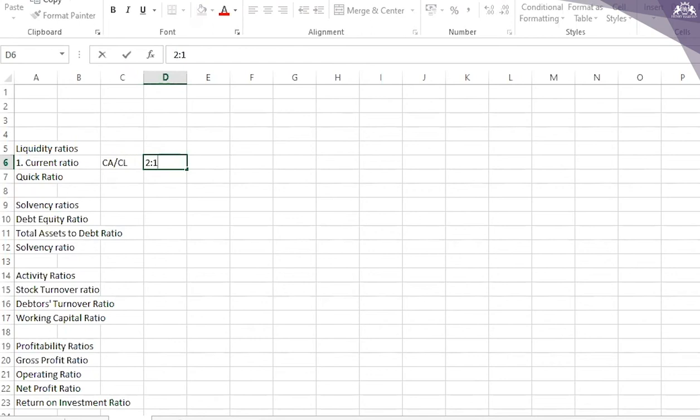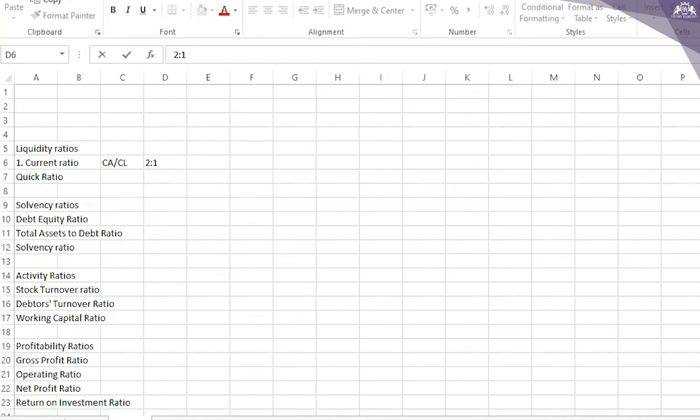And what are current assets and what are current liabilities? Asset is what we own and liabilities is what we owe. Asset is what is my money which I own, which I should be getting. And liability is what I need to pay off in the market.